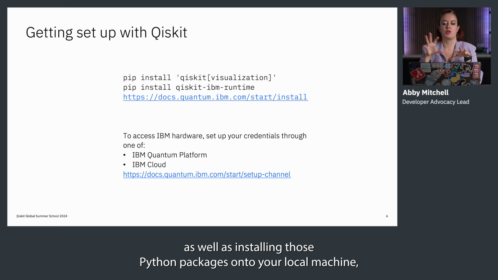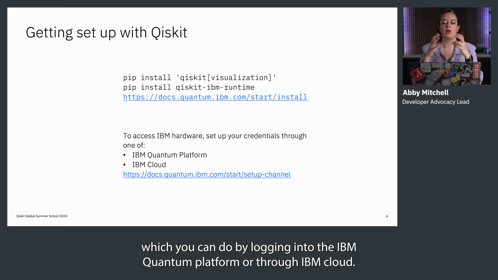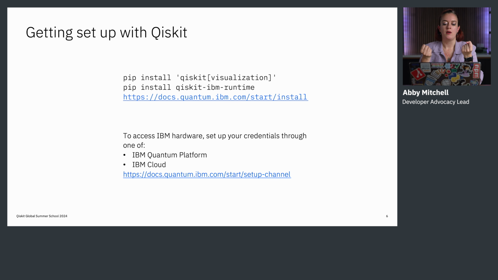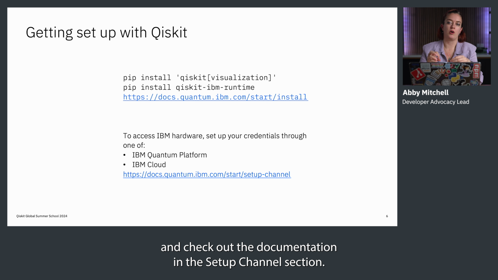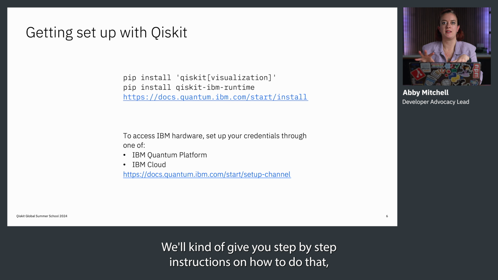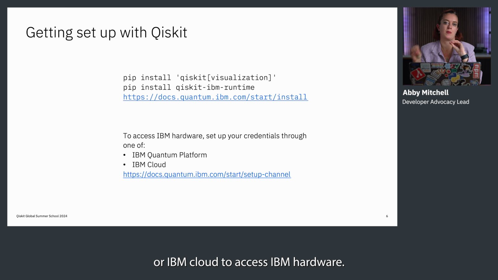As well as installing those Python packages onto your local machine, you will also need to make sure that you have access to IBM hardware, which you can do by logging into the IBM Quantum platform or through IBM Cloud. And again, I recommend, if you haven't done this already, go and check out the documentation in the setup section. We'll give you step-by-step instructions on how to do that, and also how to choose if you should use the IBM Quantum platform or IBM Cloud to access IBM hardware.